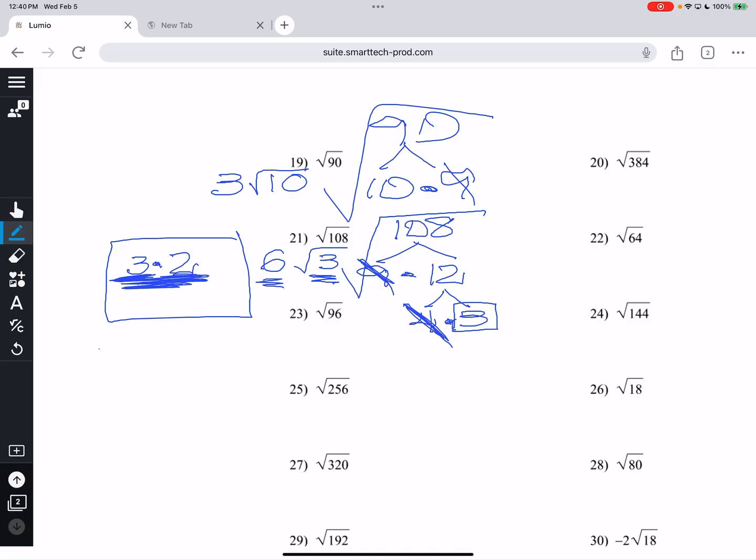So, I'll let y'all figure out 23, 25, and 27. Wait, so if it divides into 2 prime numbers, which one goes in the radical? Well, if it's 2 prime numbers, they don't leave at all. You can only leave the radical sign if you're a perfect square. Otherwise, you're stuck inside.